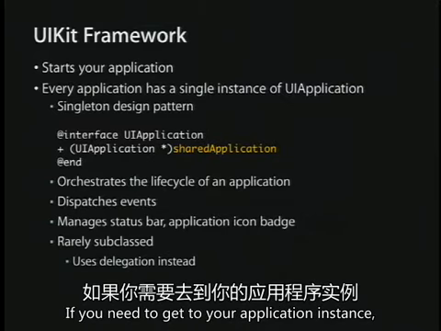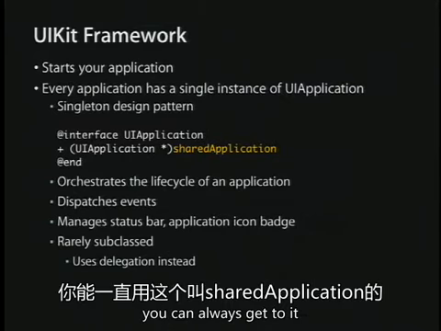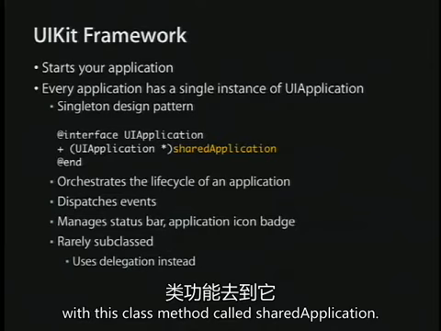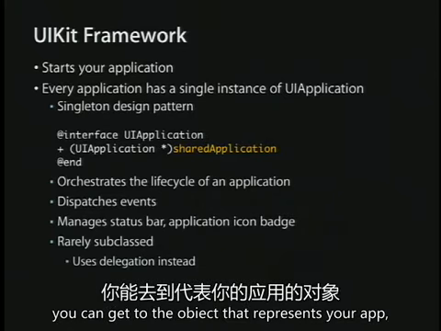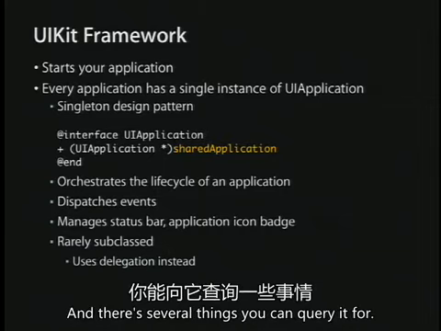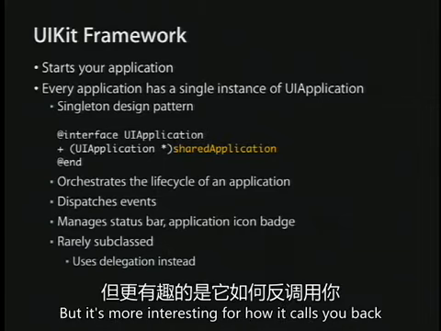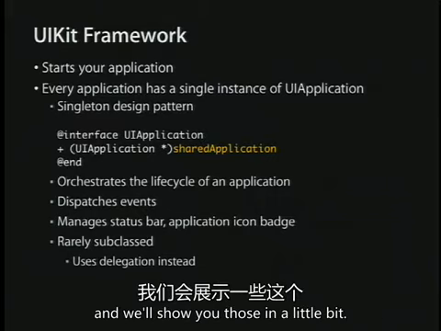If you need to get to your application instance, you can always get to it with this class method called sharedApplication. So if you did an open square bracket, UIApplication, sharedApplication, close square bracket, you can get to the object that represents your app. There are several things you can query it for, but it's more interesting for how it calls you back, and we'll show you those in a little bit.